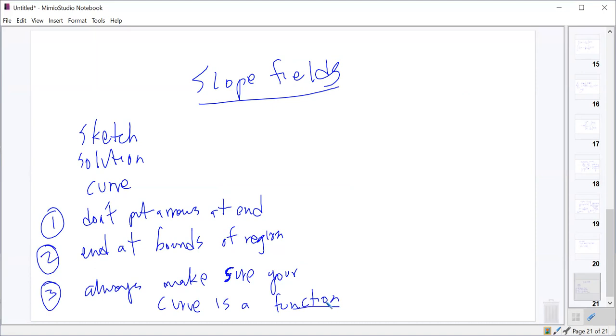Because remember, we have the interval of validity for the solutions to our differential equations, and we need to make sure that we have a function, and that it's on the interval that they've given you. You don't want to sketch this as the solution curve, even if that's what it looks like. You want to sketch only one piece of it, depending on where your point is. Everybody good with that?